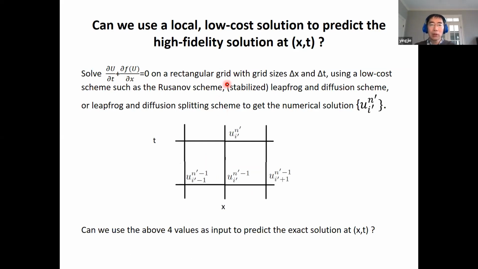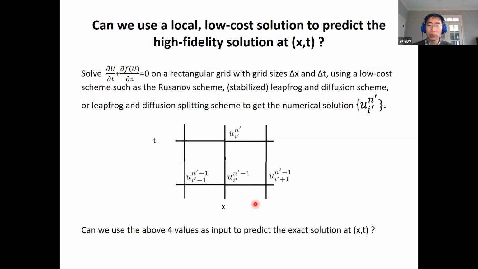Okay, so now suppose you have a low-cost scheme, let's say on this space-time grid, and suppose you know the solution at this space-time location, this one, and this one.